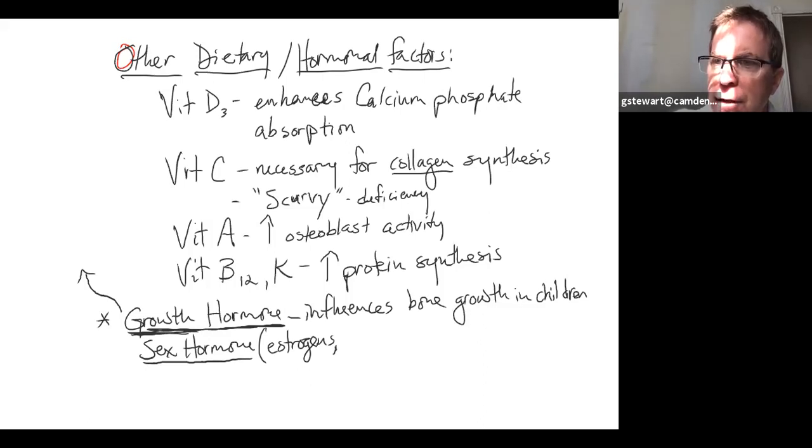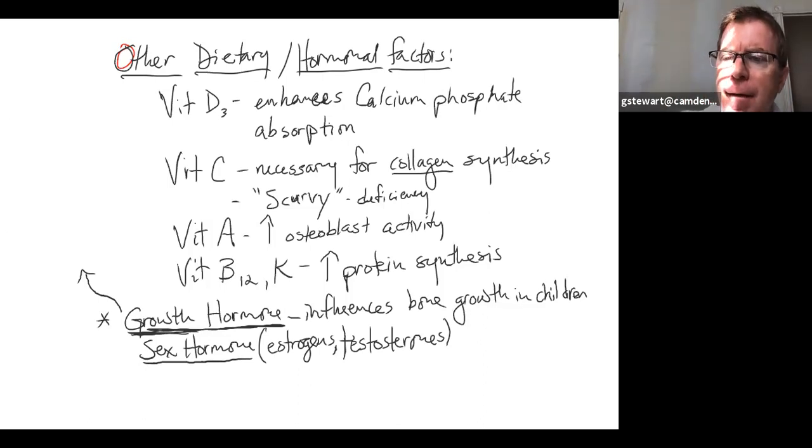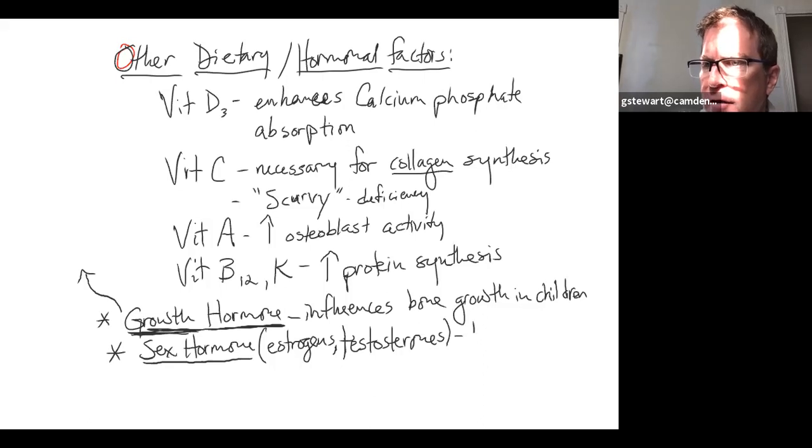So estrogens and testosterone. Both males and females have both hormones, just in different amounts. Males make more testosterone, females make more estrogens, but they're present in both sexes. These are the largest factor of bone growth during puberty.